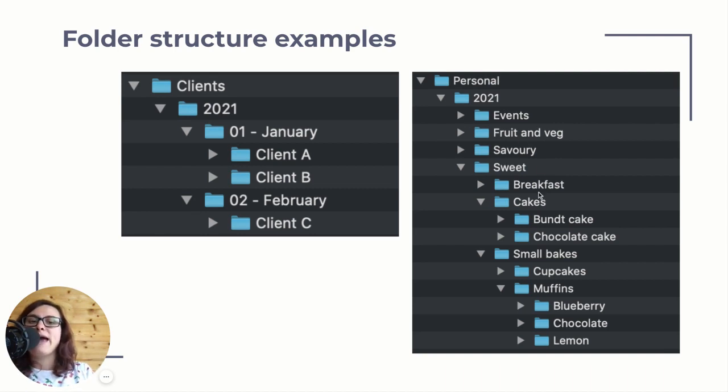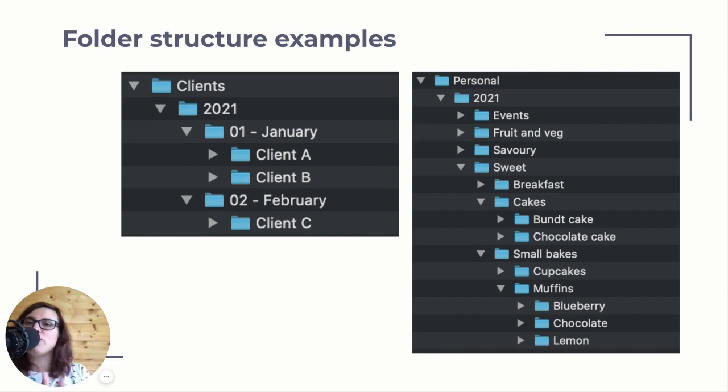For example, I have breakfasts, and then inside breakfasts, I have savory and sweet. So if I am looking for an image of pancakes, I know immediately that it's going to be in the breakfast folder, and in the sweet folder inside it. So having a more complex structure works for me.